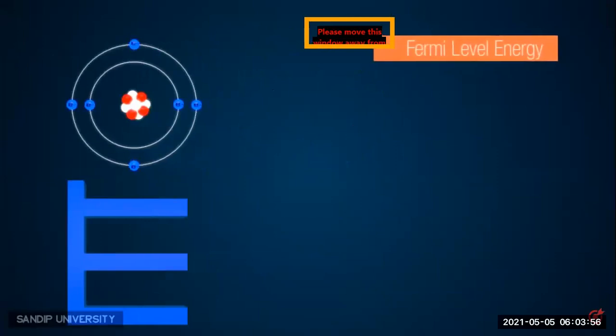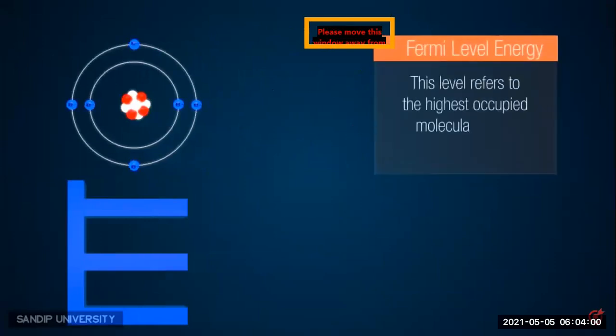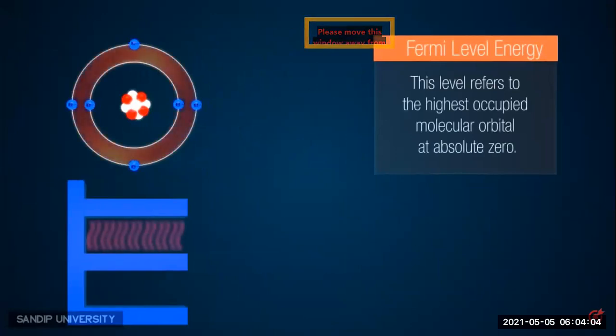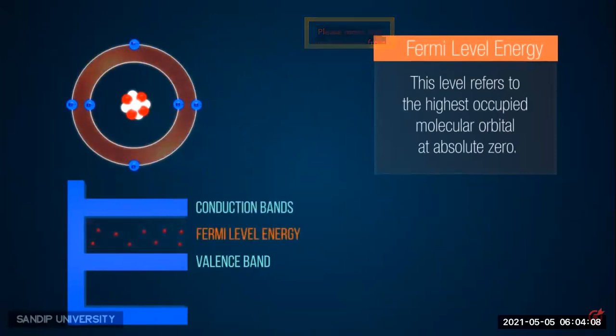Fermi level energy. This level refers to the highest occupied molecular orbital at absolute zero. It is usually found at the center between the valence and conduction bands. The particles in that state have their own quantum states and generally do not interact with each other. When the temperature begins to rise above absolute zero, these particles will start moving upwards and the states below the Fermi level become unoccupied.